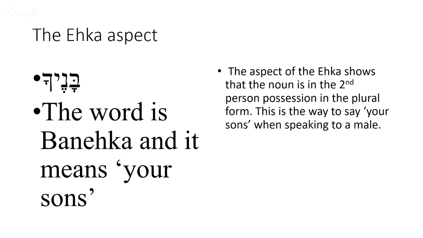Remembering that the word ben means son, when you say baneka, you're saying by default your sons. Benka would be your son. Baneka means your sons. This is how you would say your sons if you were speaking to a male.